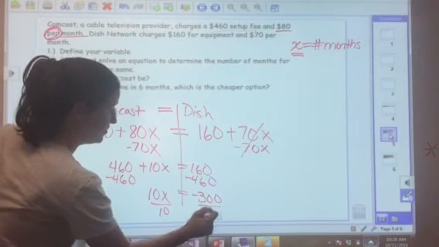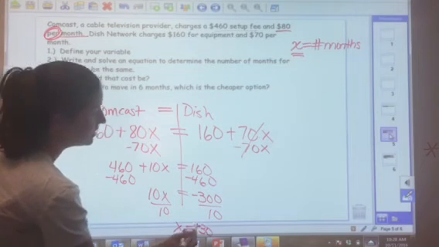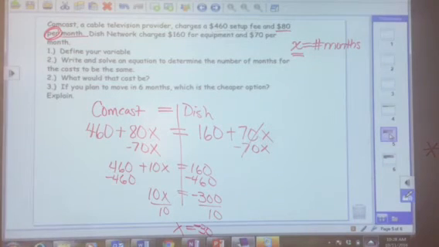And when I divide both sides by 10, I get x equals negative 30, which doesn't make a lot of sense, because that would say that in negative 30 months, which is not possible, is when they would be the same.